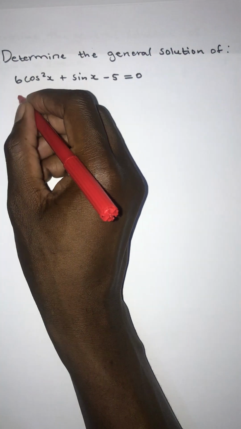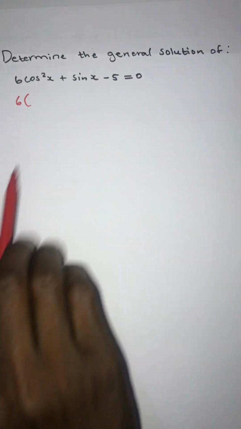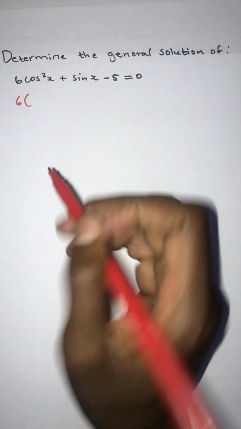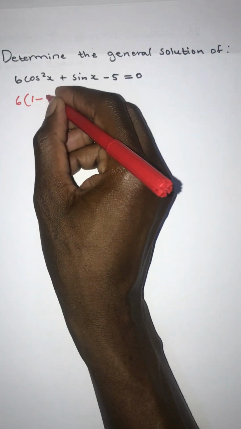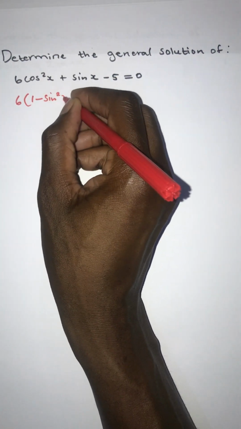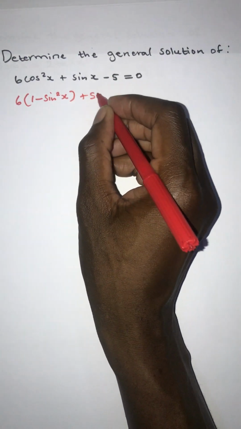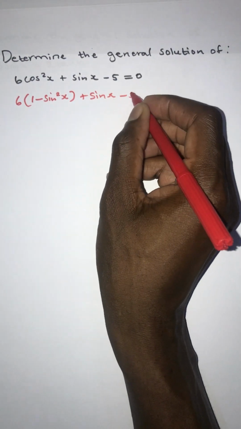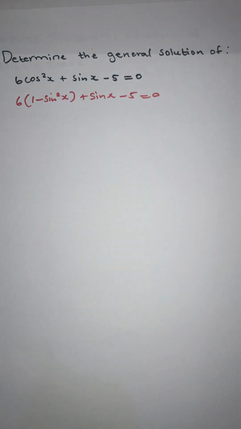So we have 6, and then we change the cos squared x into 1 minus sine squared x, and then plus sine x minus 5 is equal to 0.